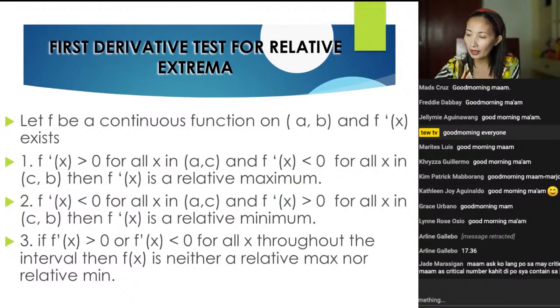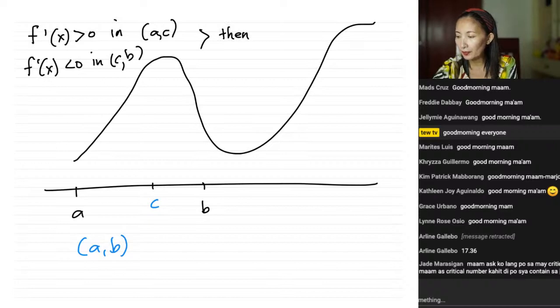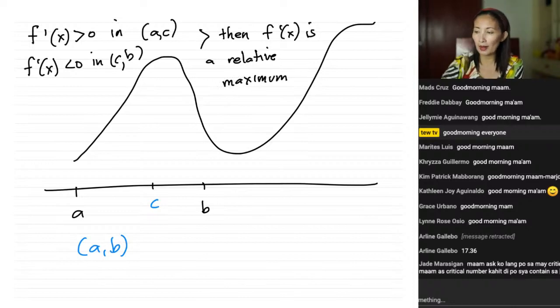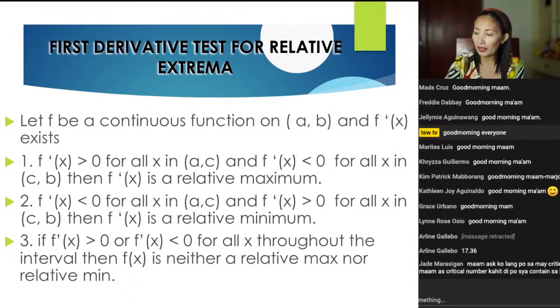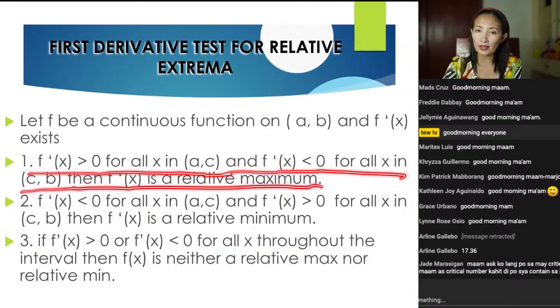If this is satisfied, then there is a relative maximum. Going back, if f prime of x is greater than 0, or positive, for all x in AC, and f prime of x is less than 0 for all x in CB, then it is a relative maximum.